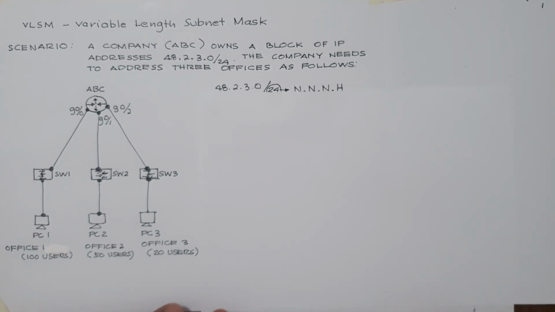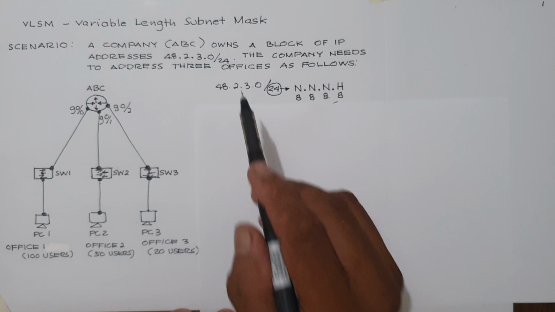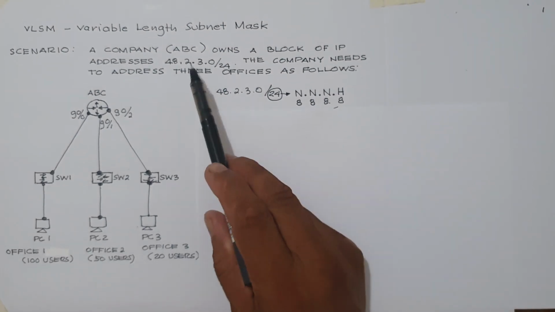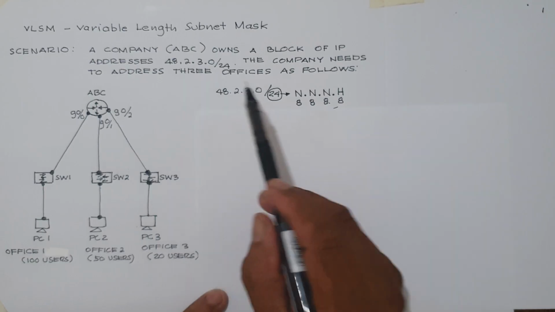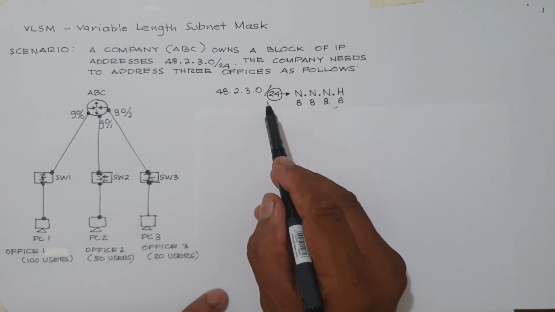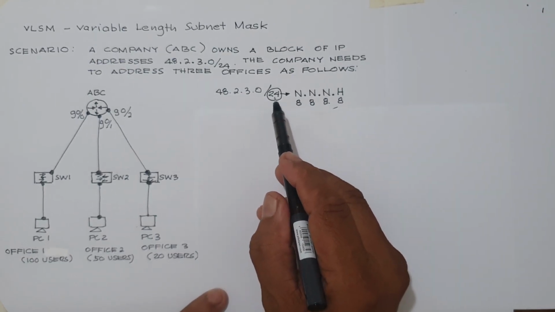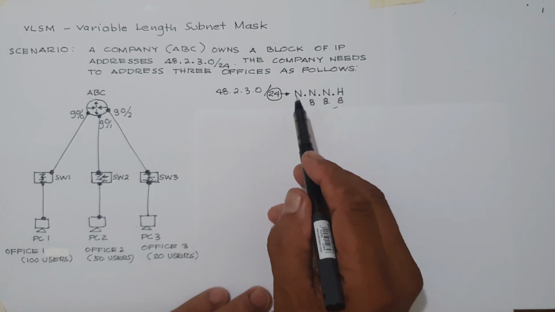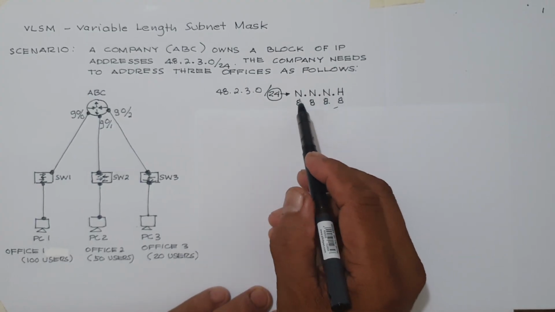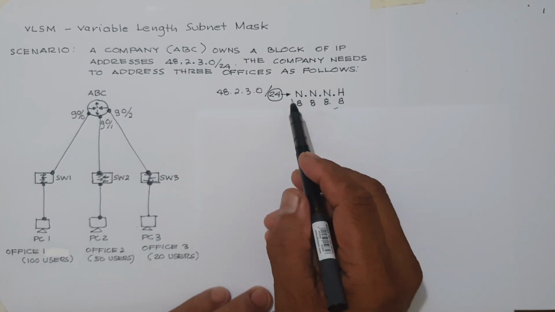Okay, the first step is to write the network owned by the company. So this is the network owned by the company. It is with a bit mask of 24. Therefore, the first 24 bits represent the network part.